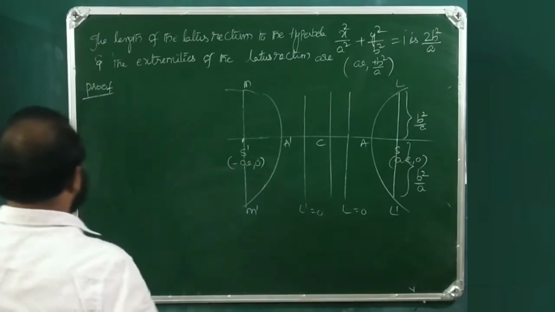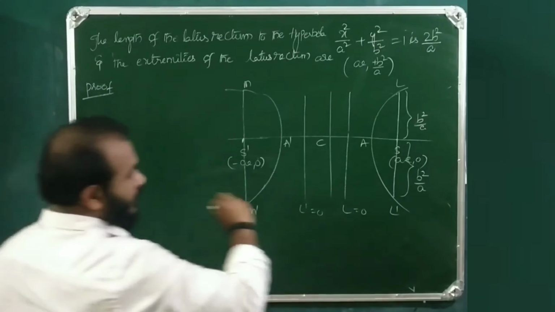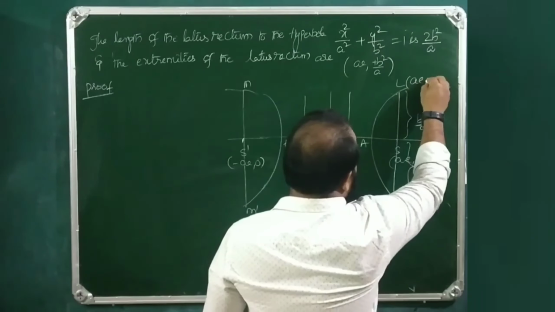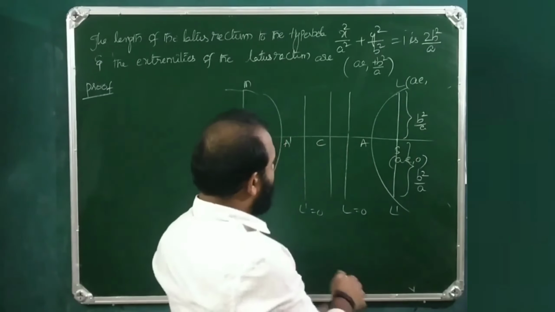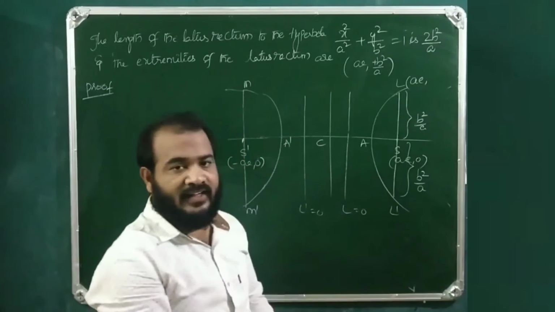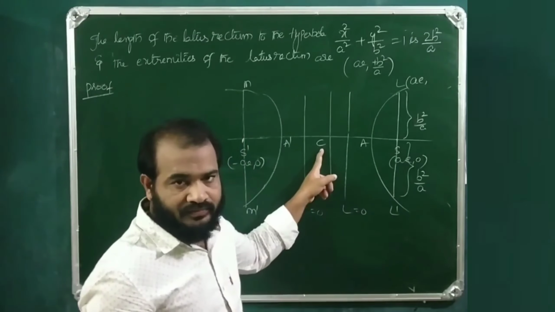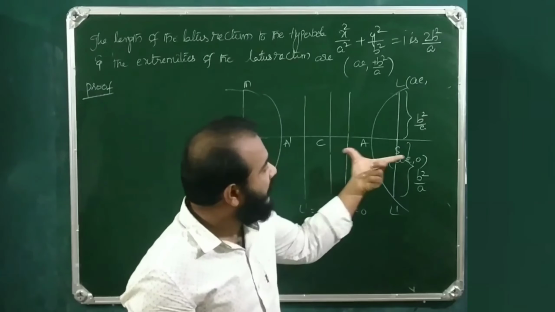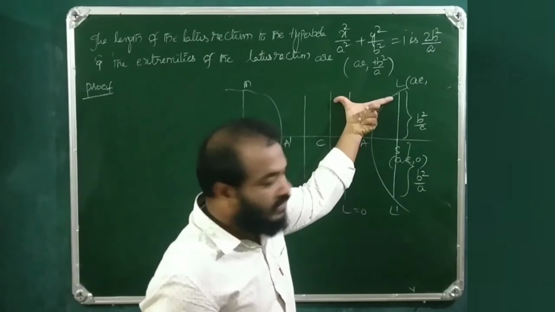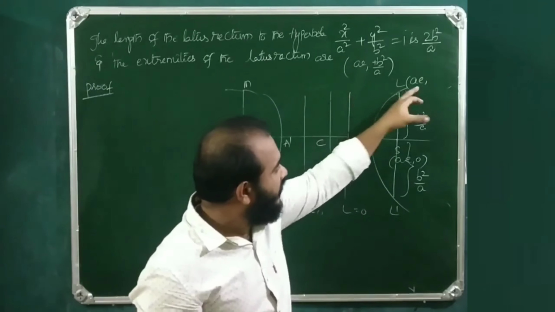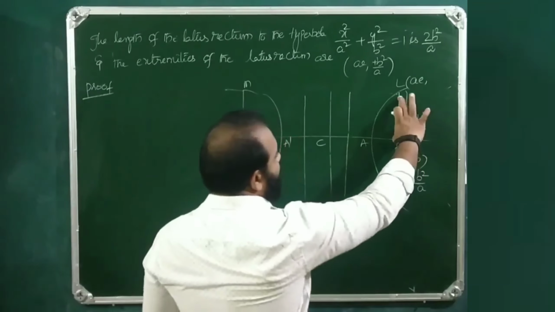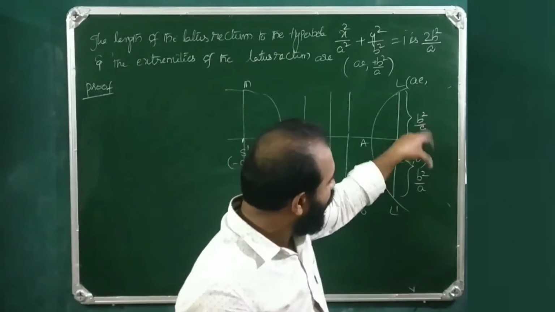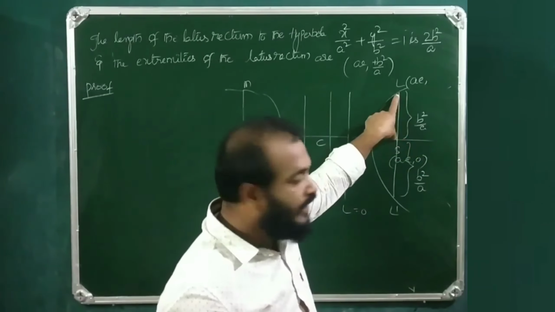So here, this is ae comma 0, and this is ae comma something, because C is the center, that means the origin. From the origin to this point is ae, so this is also the x coordinate ae. The height of SL we don't yet know; later we will prove it to be b square by a.